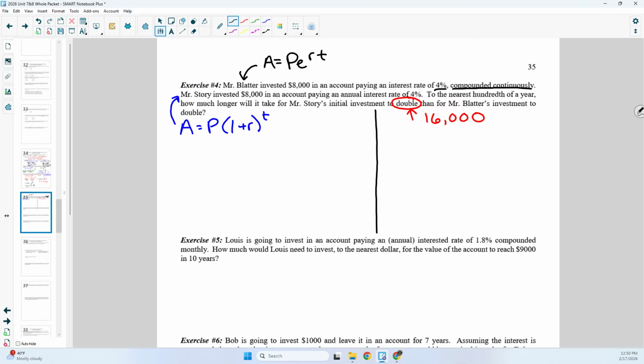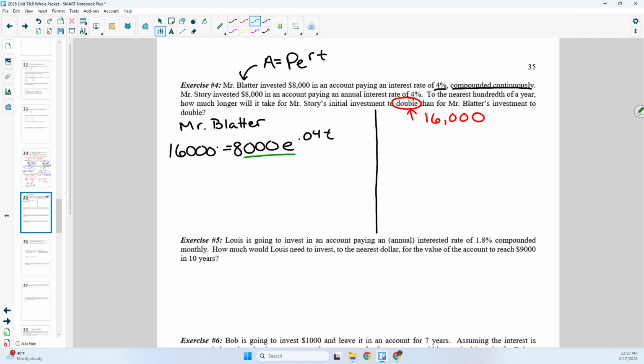So I'm going to erase this formula, and we'll have this be Mr. Blader's side. So I have initial investment of 8,000, e to the 0.04 t. We're finding out how much time, and we're seeing when that reaches 16,000.